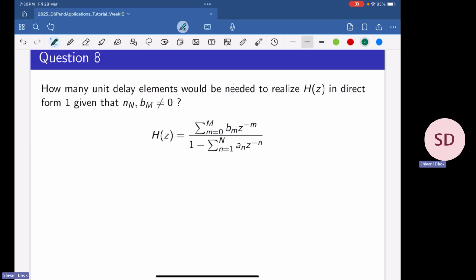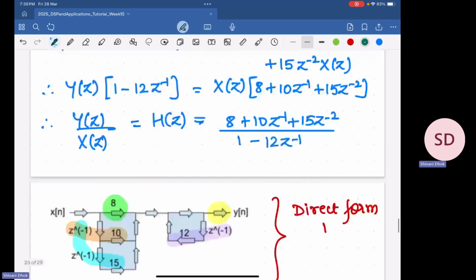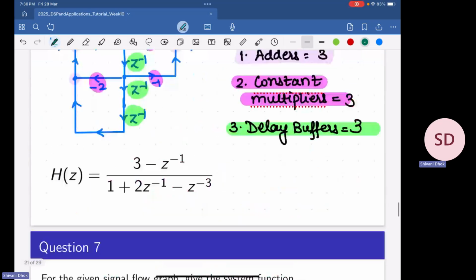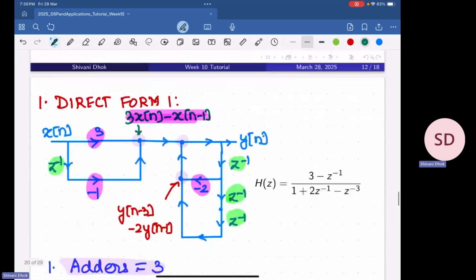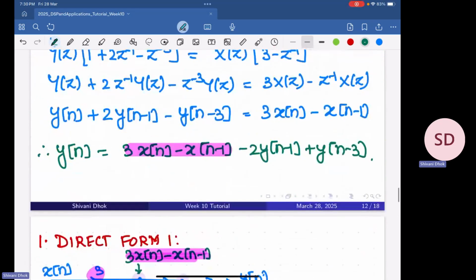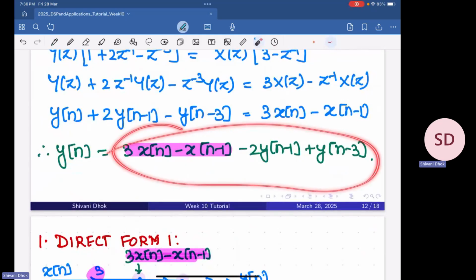Let's do that. It is direct form 1 representation. Direct form 1 representation is simply representing this equation step by step like this.